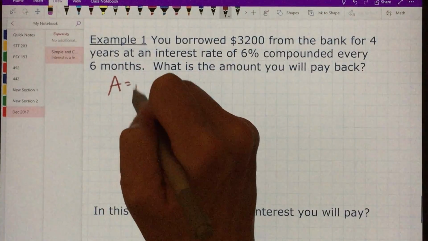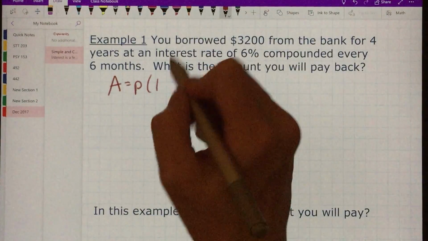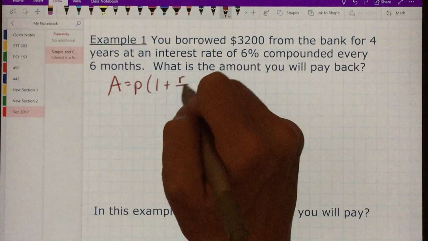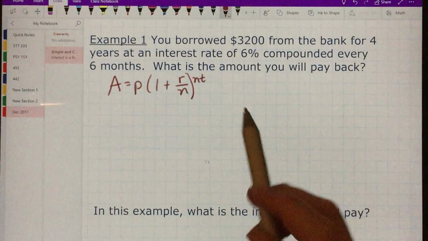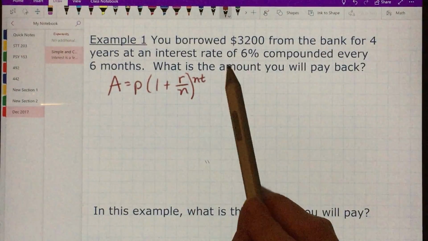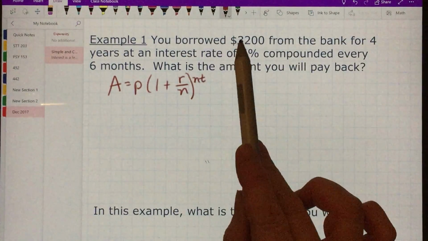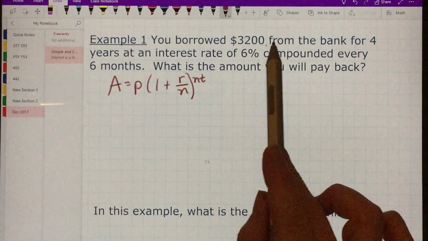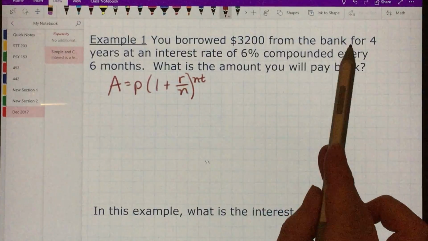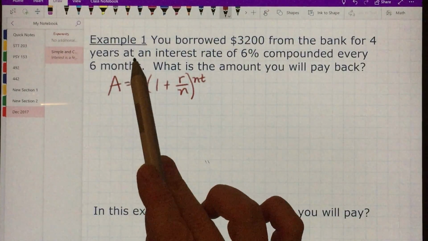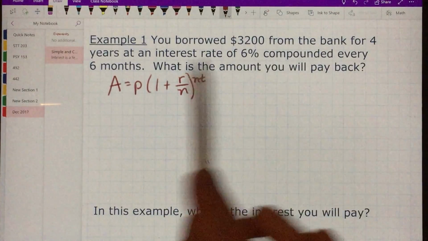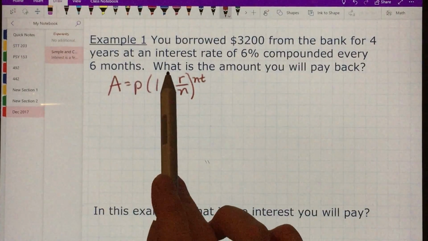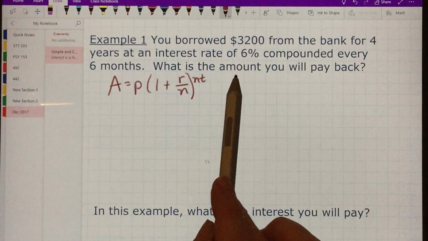A equals P times 1 plus R over N to the NT. So let's see what we can identify here. You borrowed $3,200 from the bank for 4 years at an interest rate of 6% compounded every 6 months. What is the amount you will pay back?